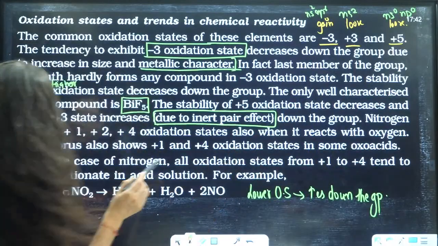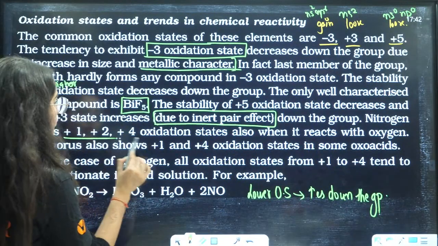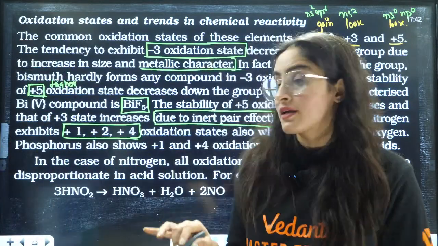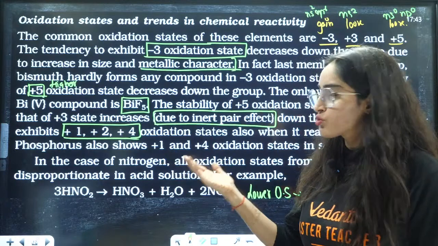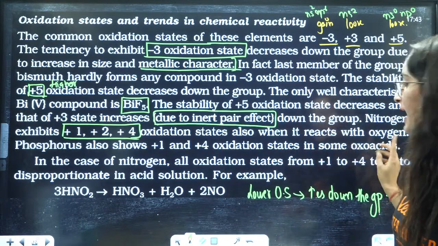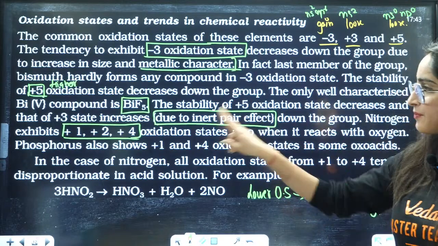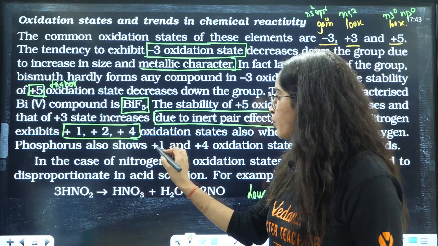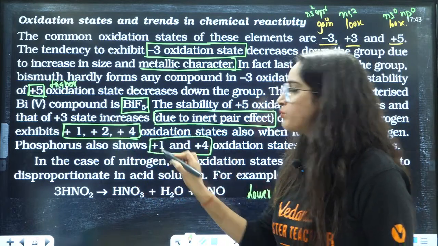Down the group, nitrogen exhibits +1, +2, +4 oxidation states. Right now they are saying nitrogen sometimes can also exhibit +1, +2, +4 oxidation states when it reacts with oxygen. Phosphorus shows +1 and +4 also.